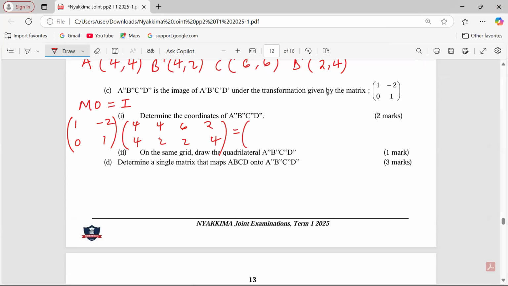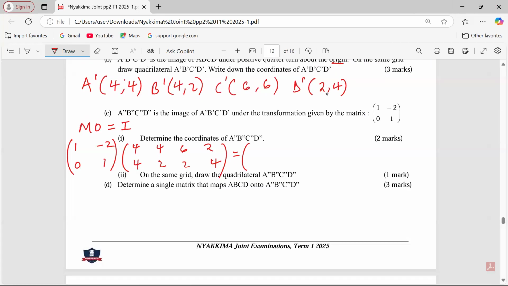So the image is going to be, we're supposed to multiply matrices this way. So 1 by 4, negative 2 by 4. That will be 4 minus 8, negative 4. Then we go to the next, whereby it's 1 by 4 and negative 2 by 2.